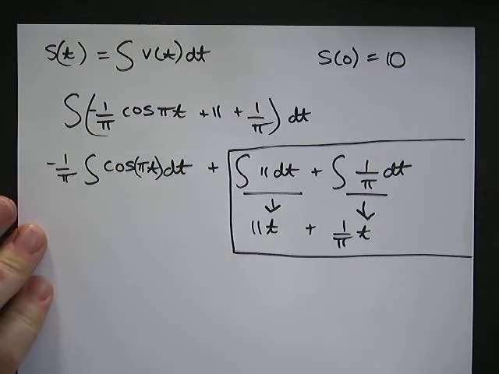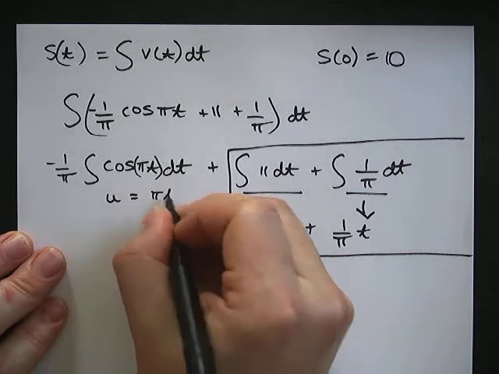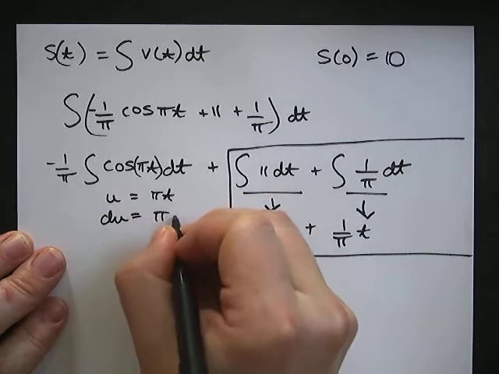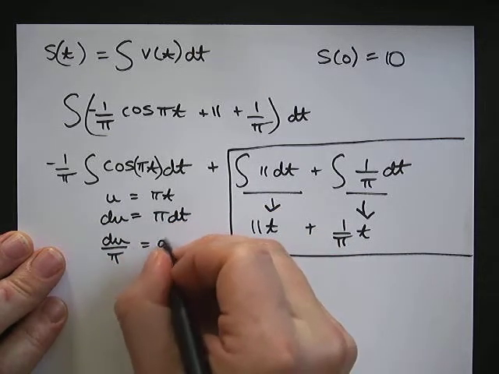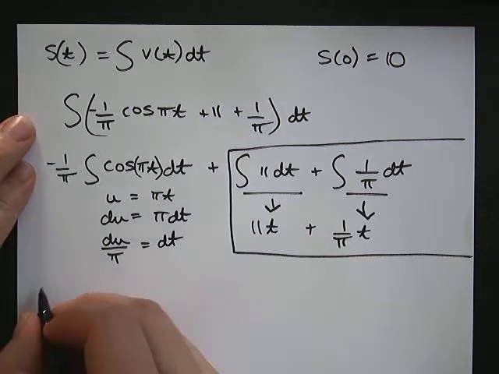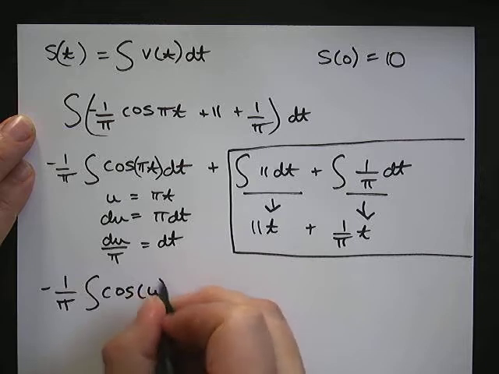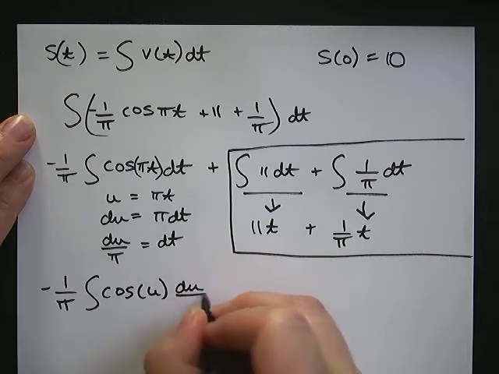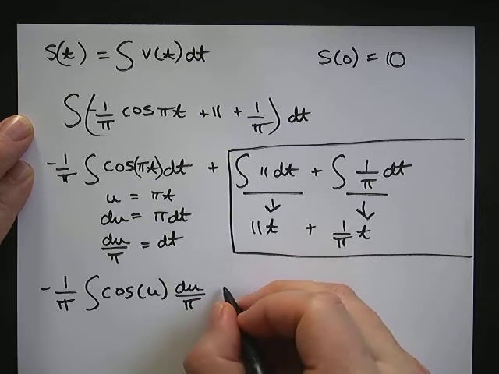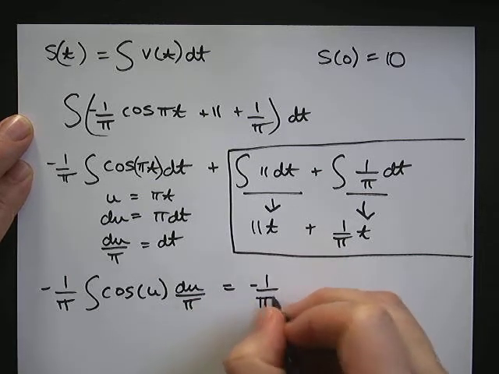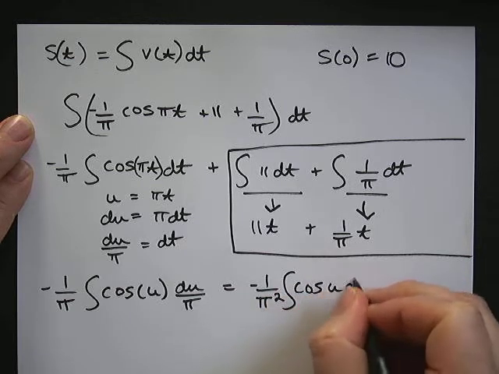This is going to require u substitution just like the last time. u is equal to pi t, du is equal to pi dt, and dividing by pi, du over pi is equal to dt. So that gives us negative 1 over pi times the integral of cosine of u times du over pi. I'm going to bring the pi out with this other pi to make pi squared on the bottom: negative 1 over pi squared times the integral of cosine u du.